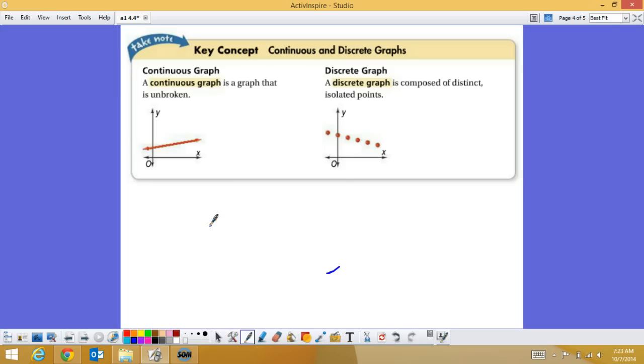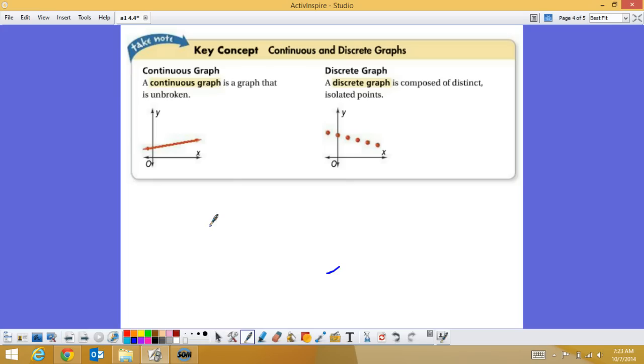And one thing we think about with continuous graphs is that fractions and decimals work in that situation. For discrete graphs, which are composed of distinct isolated points, we would graph those with dots.